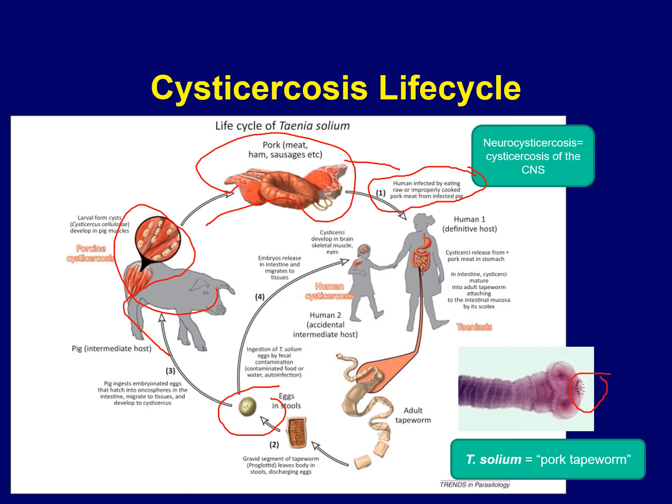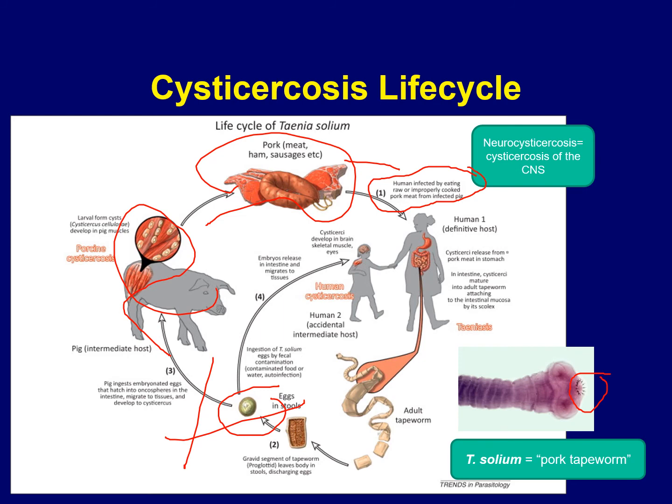You can think of there being several areas where we can intervene here. A big area where we can intervene is here. We can prevent pigs from eating human stool that has Taenia solium eggs in it. So a big way we can do this is have humans use latrines and other types of toilets to keep human sewage away from animals.